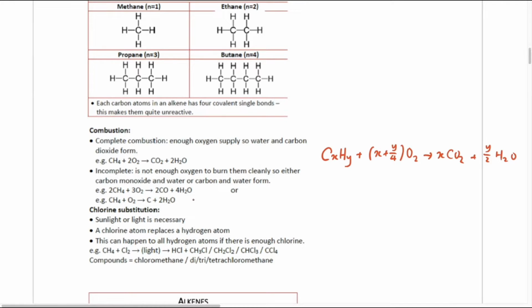The equation is not fixed; it depends on how much oxygen is lacking. If lacking moderately, they form carbon monoxide. If lack of oxygen is very much, then they form carbon only. Carbon is the black smoke.